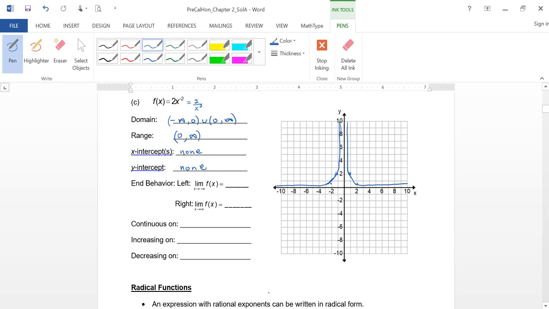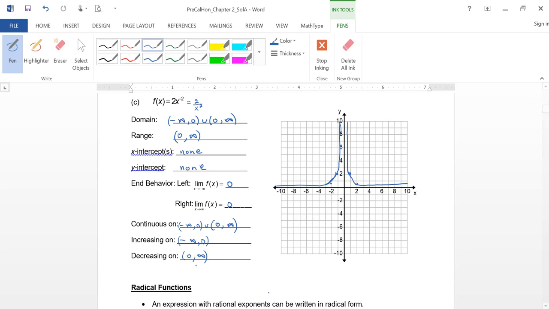End behavior: as x approaches negative infinity, y approaches 0. And as x approaches positive infinity, again it's 0. It's continuous on its domain, so from negative infinity to 0 and 0 to positive infinity, so there is an infinite discontinuity at 0. It's increasing from negative infinity to 0 and decreasing from 0 to infinity.